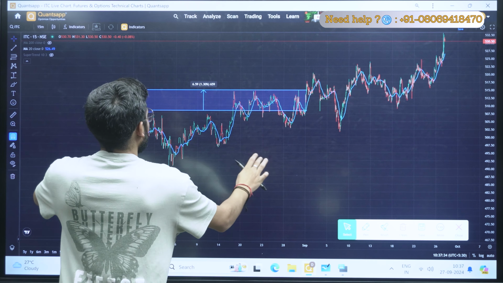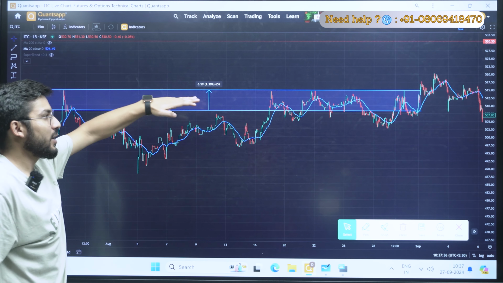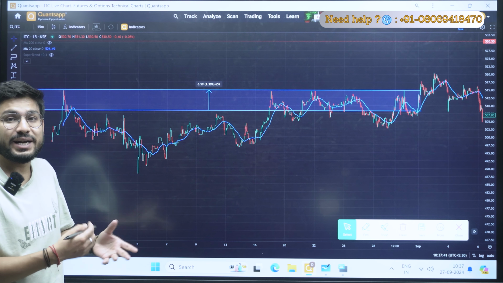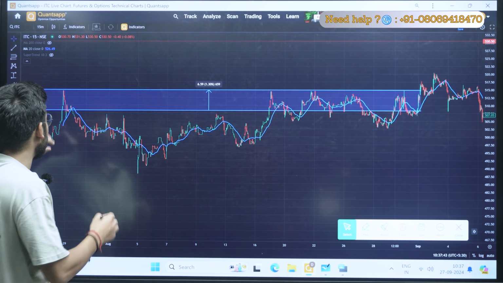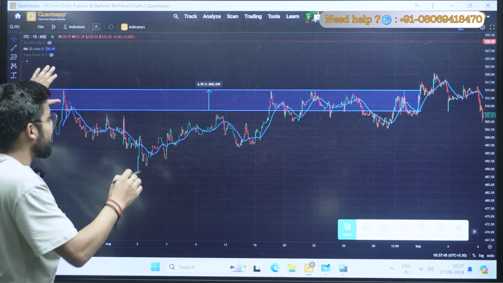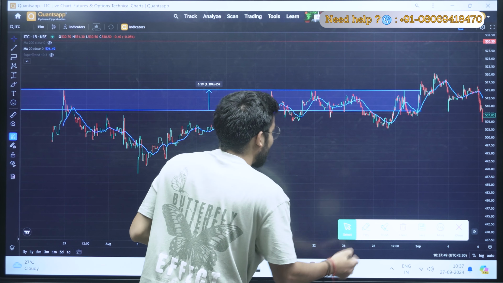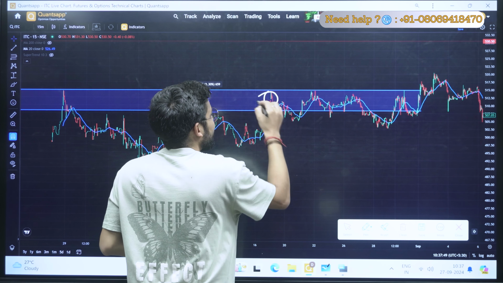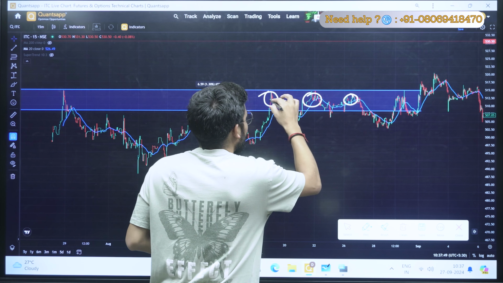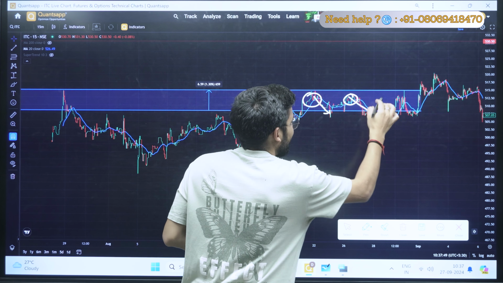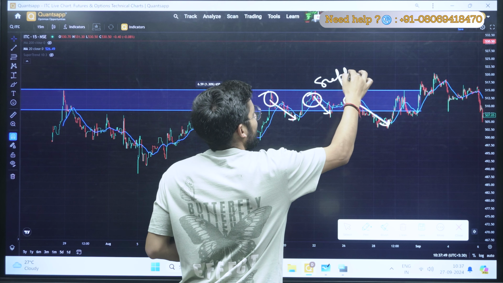This was the chart where I have drawn my supply zone in the 1 hour time frame, and now I'm trading in the 15-minute time frame. I can clearly see this was my highest candle, so I have drawn my supply zone according to it. Whenever my market entered this zone, there was a very good reversal in the downward direction, so I can take my trade with the help of this supply zone also, right?